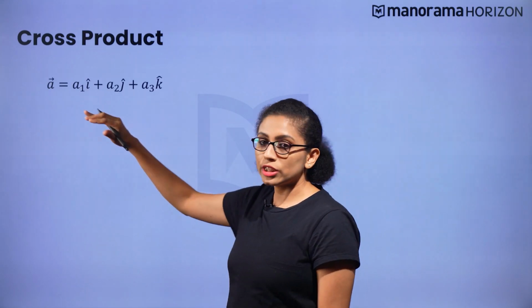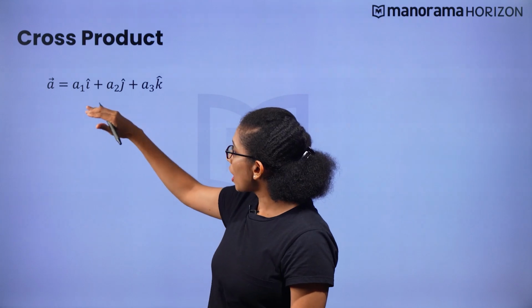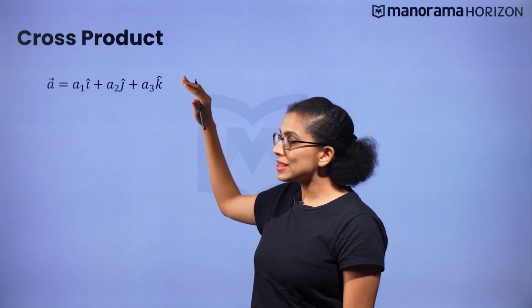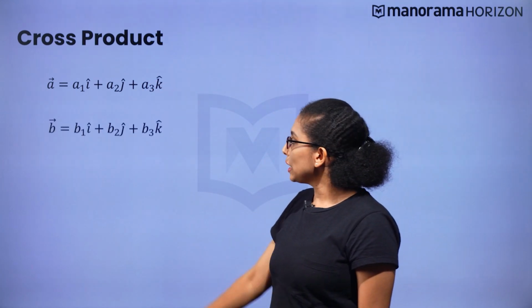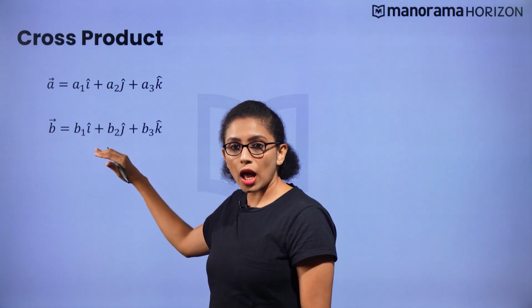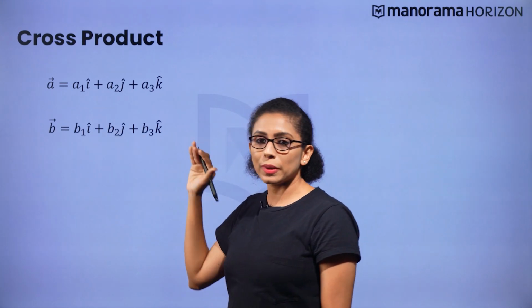Alright. Next, we will see how we will find the cross product of vectors when the components of vectors are given. See this, we have to take the determinant of vectors. Here we are given vector A. The components are A1 i plus A2 j plus A3 k, and the B vector is given as B1 i plus B2 j plus B3 k.